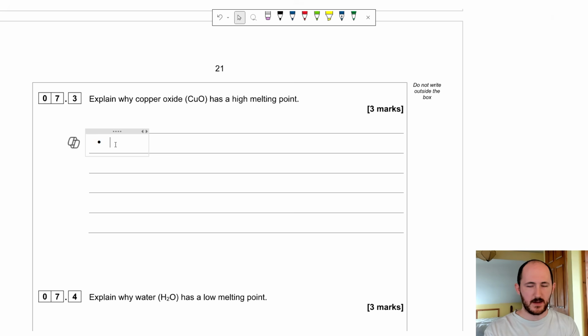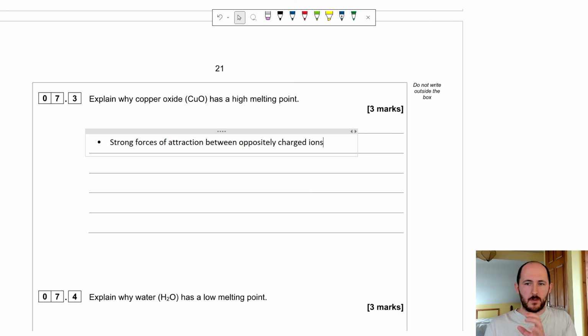So what we have here is you have strong forces of attraction between oppositely charged ions, right? The copper and the oxygen have opposite charges, which means they are very strongly attracted. The electrostatic force of attraction is the strongest force that you're going to encounter in a structure like this. So again, as in between the molecules. That gives you 2 marks, by the way, because the strong force of attraction is 1 mark. That's why it has a high melting point.